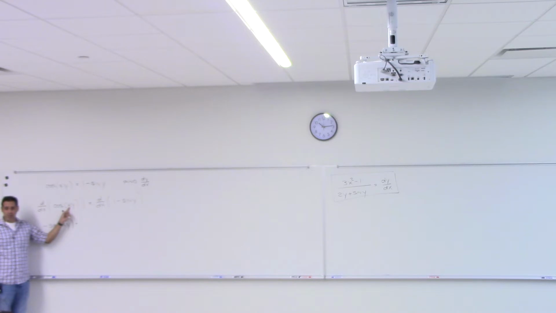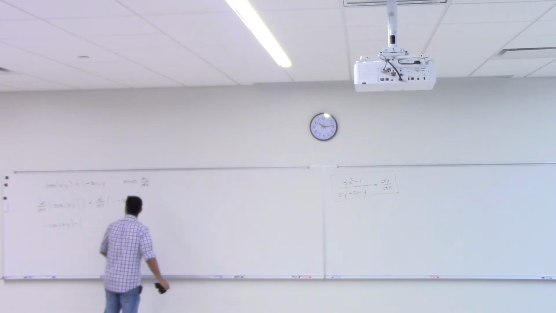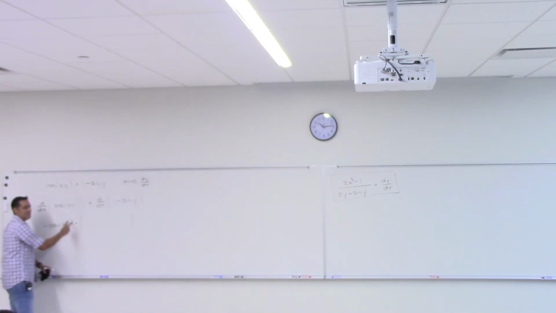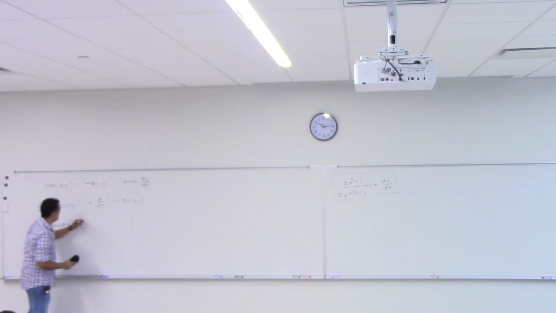Here's your product rule. I'm going to need a set of parentheses here, because when I do a product rule, I get two terms. All right, let's see if you can do this derivative. Product rule. What's the derivative of the first one? dx/dx, which is 1, times y.